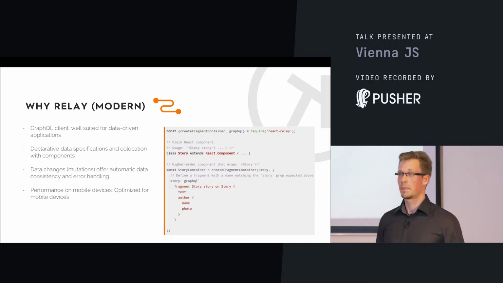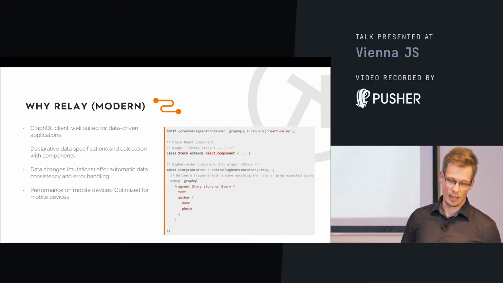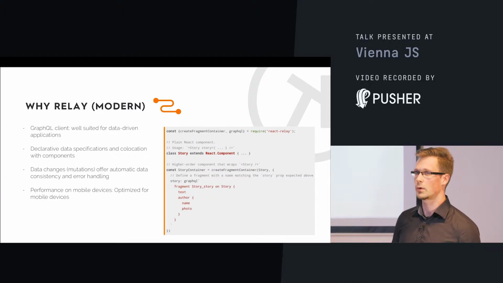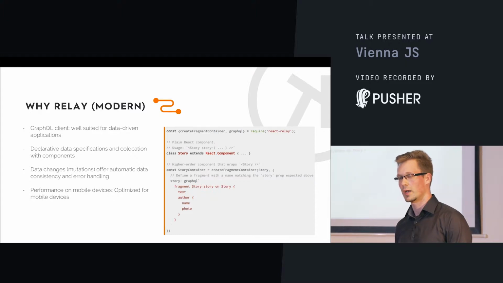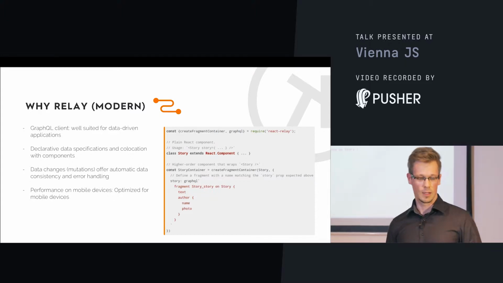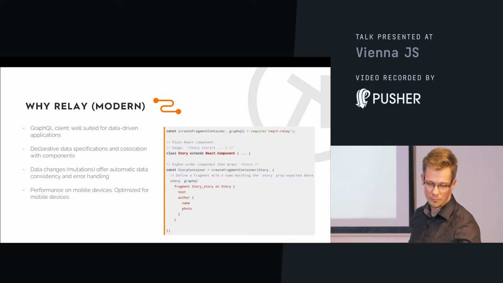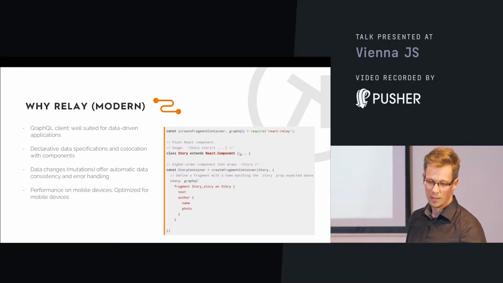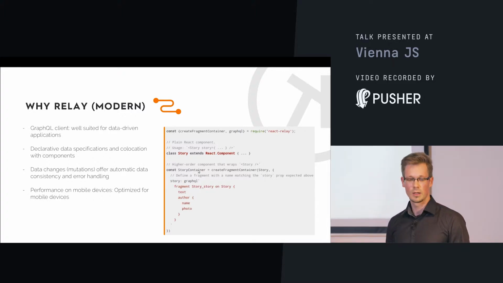A very interesting thing about that is that it's declarative, and it's co-located. The data requirements for a component are co-located with the component itself. Meaning, what you can see here is the component, which contains arbitrary content, and then you see the data requirements afterwards, just in the same file, for example.